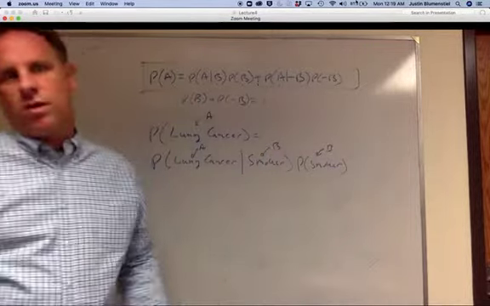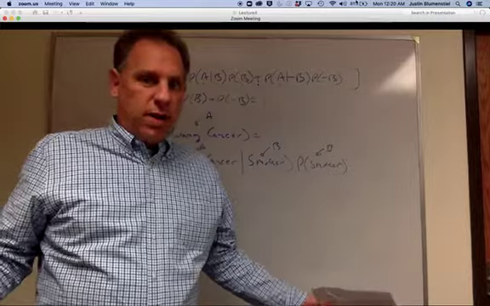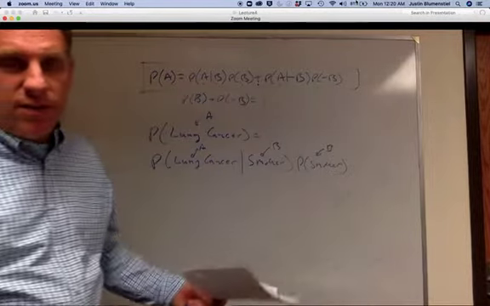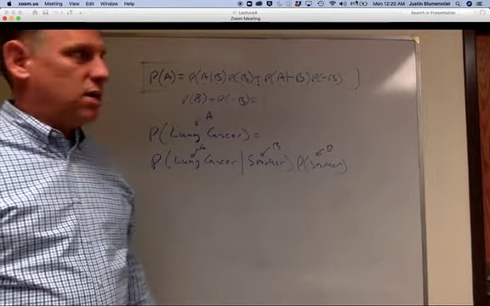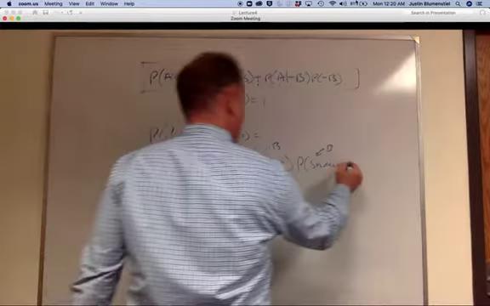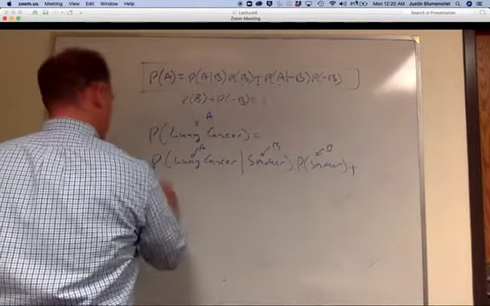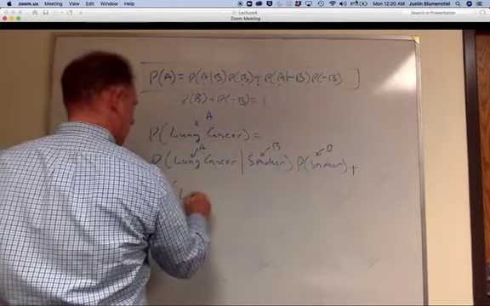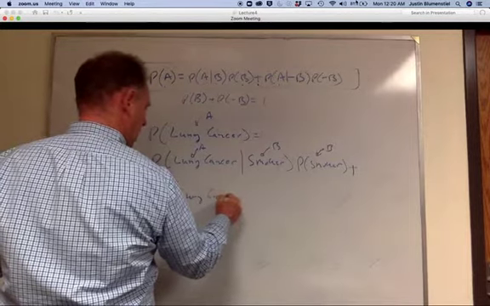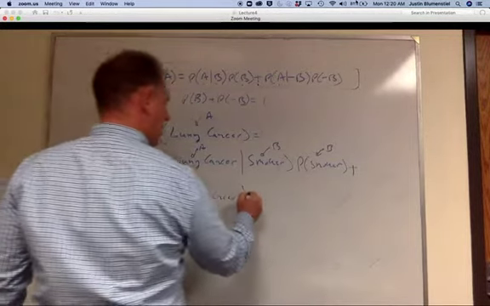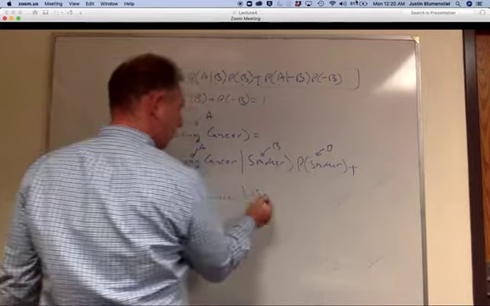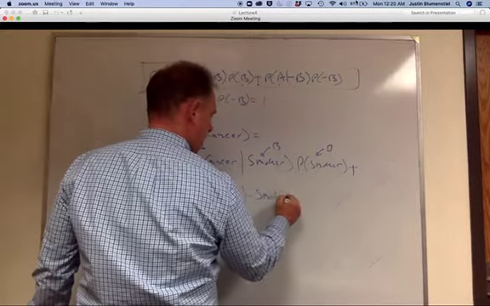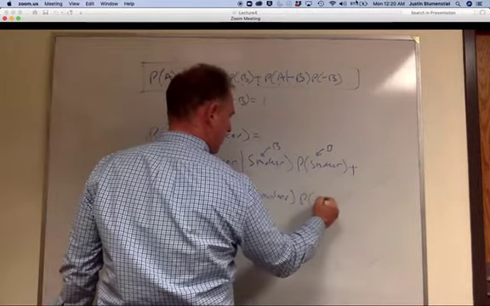Well, in a population, it depends on the frequency of smoking for any random population. So this might be different, for example, in one country versus another. This is added to the probability that you get lung cancer, given what? That you're not a smoker, that little minus being not, times the probability that you're not a smoker.